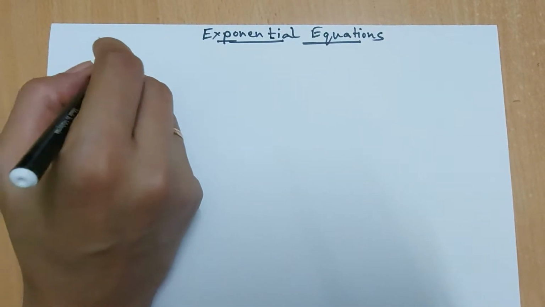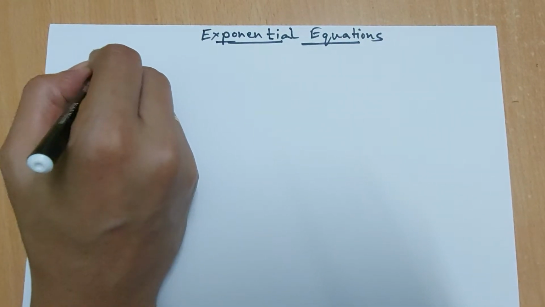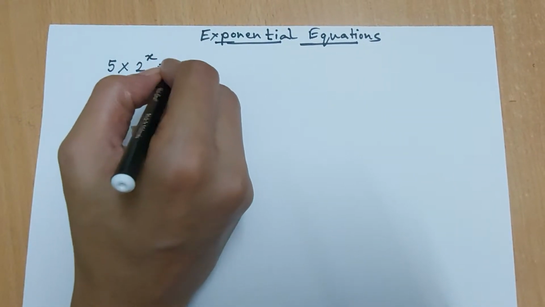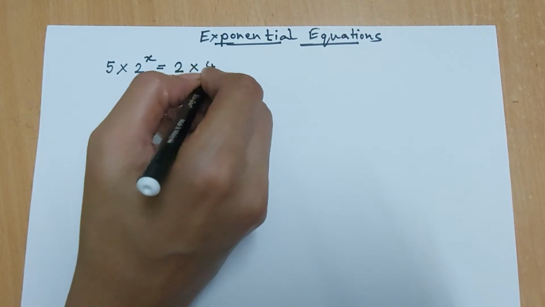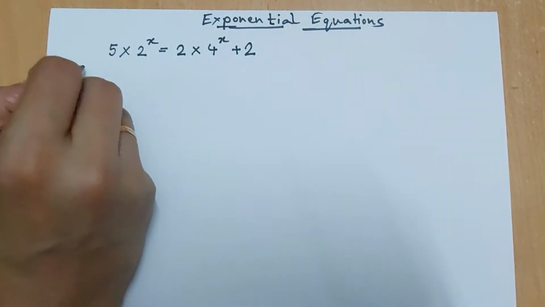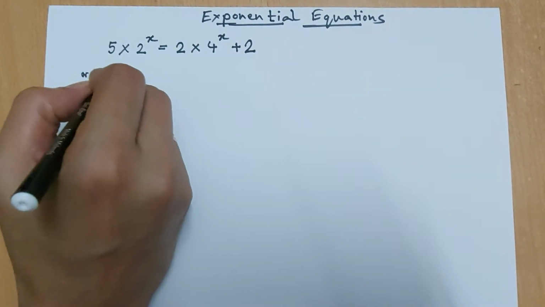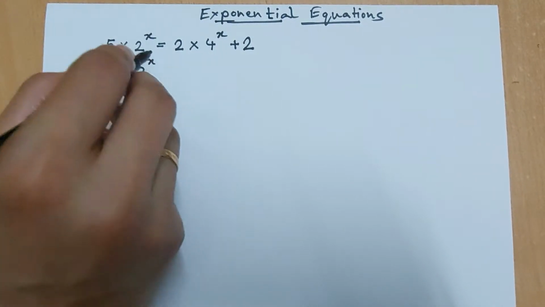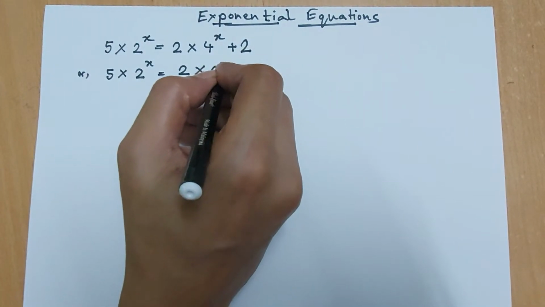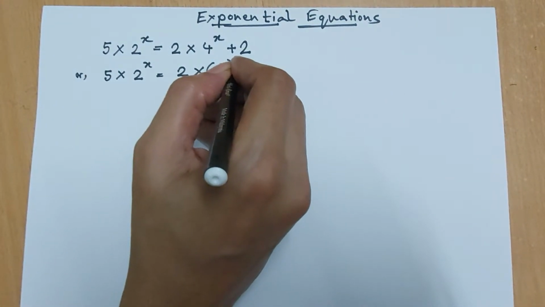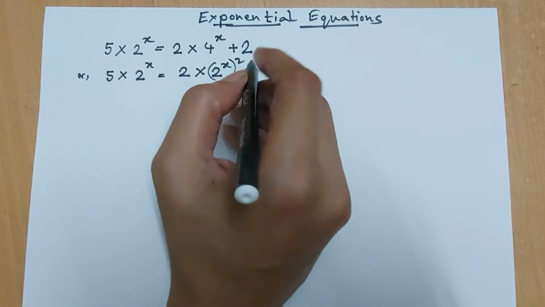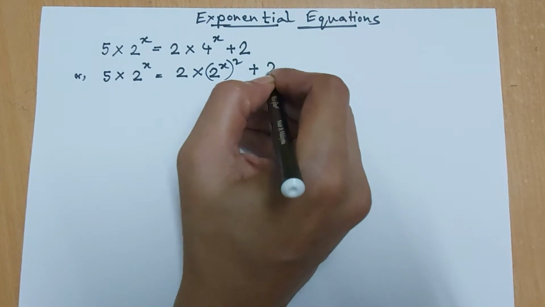So let's get started. It is 5 into 2 power x equal to 2 into 4 power x plus 2. Then 5 into 2 power x equal to 2 into 2 power x whole square, because 4 power x is 2 power x whole square, plus 2.